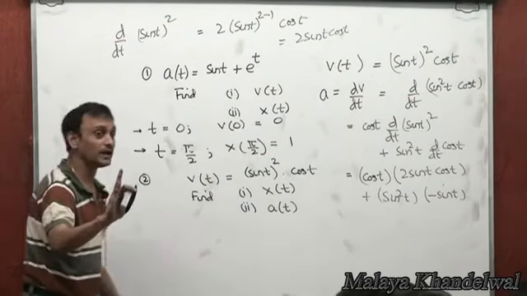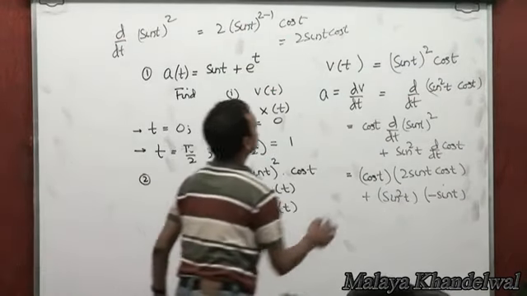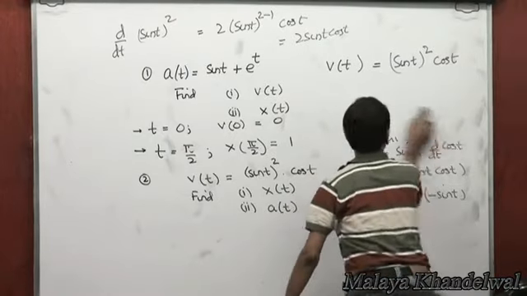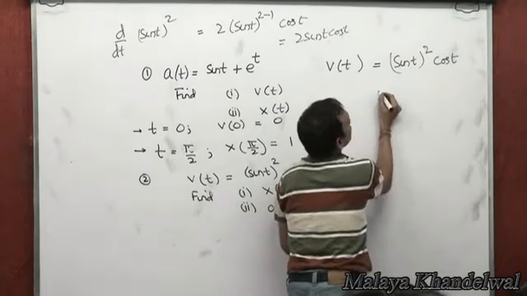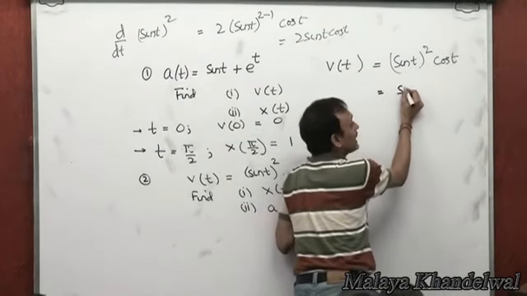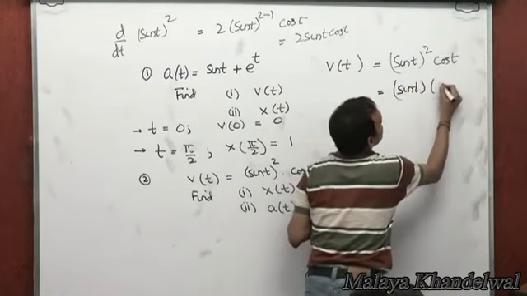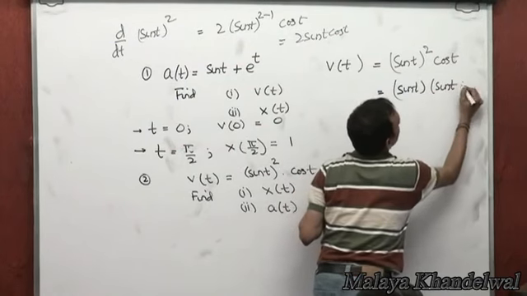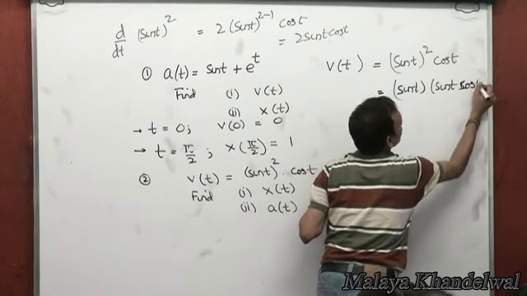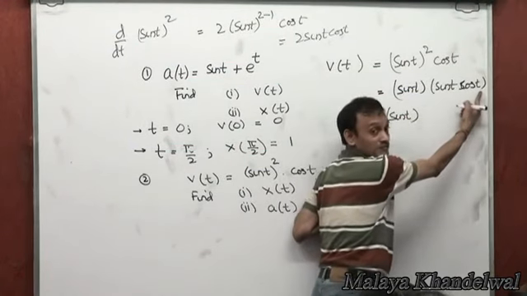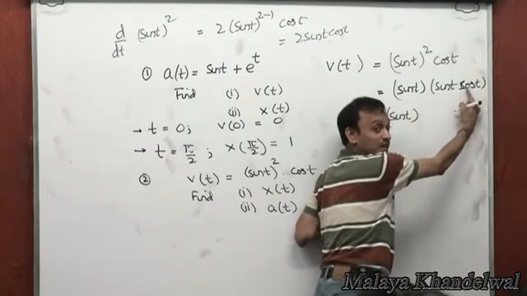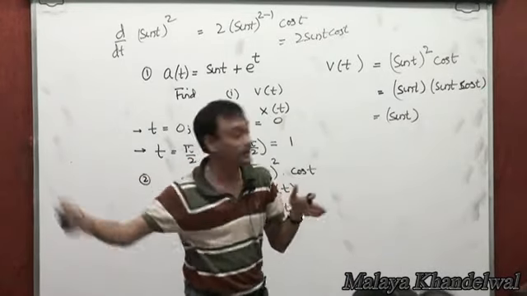Very good, Shubham. Yeah, so I really like what he did. He wrote this as sin t into sin t cos t, which is like sin t into half sin 2t, because sin A cos A is half sin 2A.